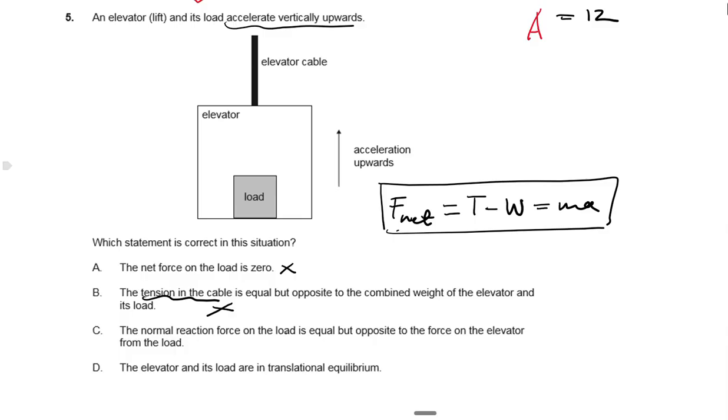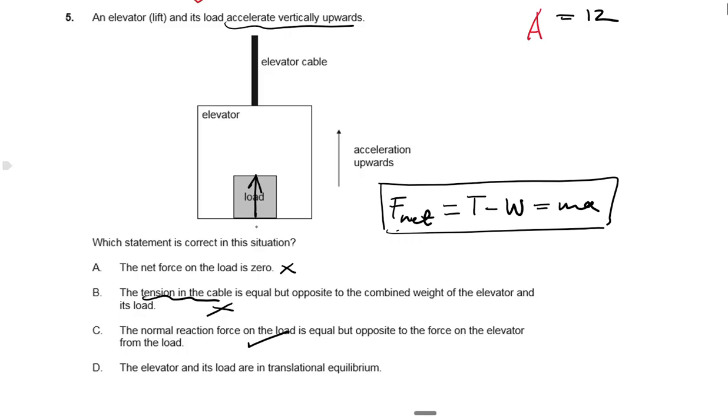The normal reaction force on the load is equal but opposite to the force on the elevator from the load. Yes, right? So what we're saying is there's a normal reaction force from the elevator on the load, and now we're saying equal and opposite to the force on the elevator from the load.